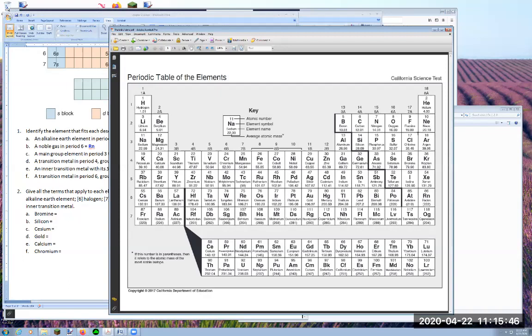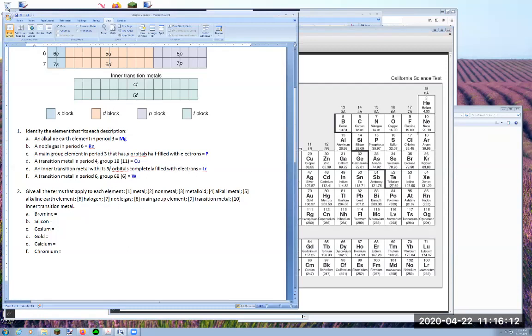So bromine here is on the right side of the staircase line, so it's going to be a non-metal. Metalloids are the ones that are touching the line, like boron, silicon, germanium, arsenic, antimony, tellurium, astatine. Aluminum and, oh, sorry, polonium are not metalloids. So bromine is a non-metal.